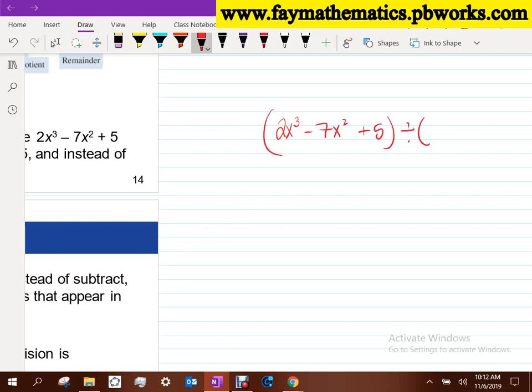And we're going to divide that by, I said x minus 3. Okay. So setting up the synthetic division. What should go in the box? 3. 3 goes in the box. We'll go 2, negative 7, 0, 5. Okay.